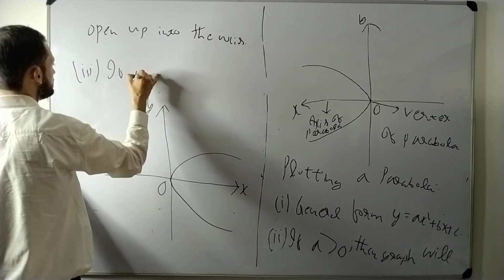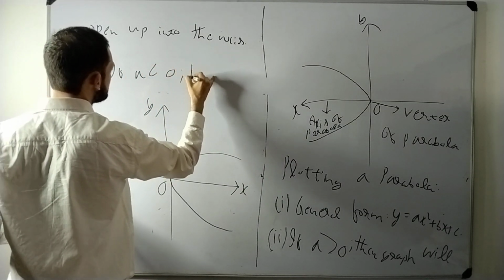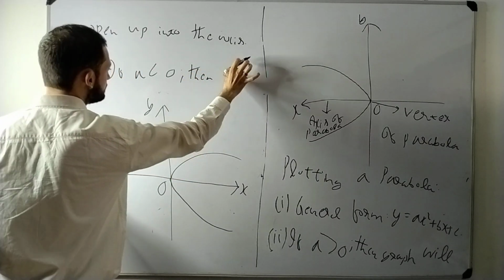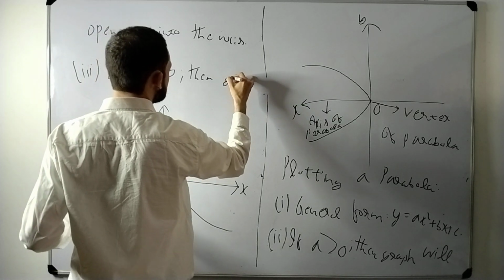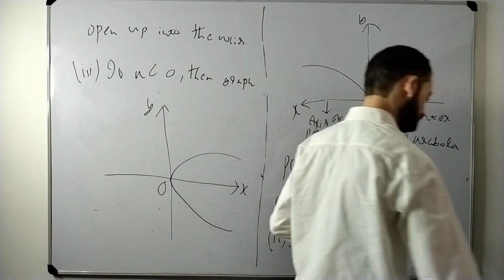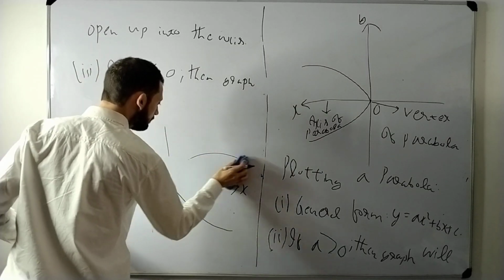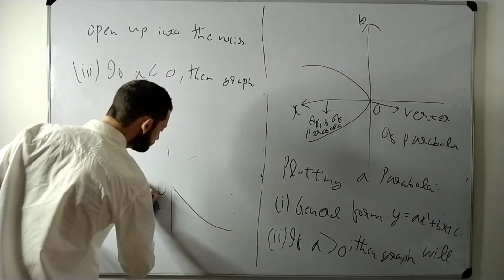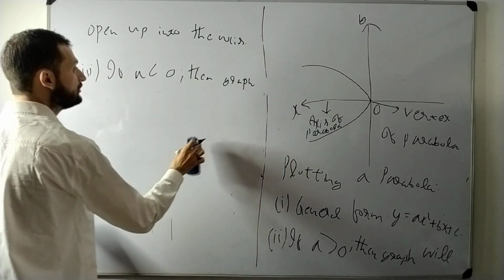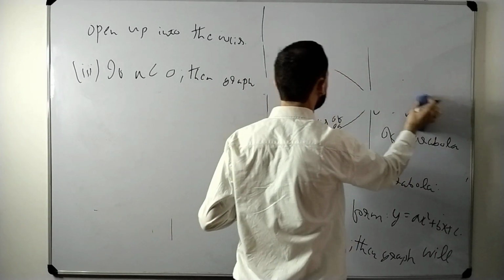If a happens to be less than 0, then the graph will open down. Sir, maybe you should erase this also.